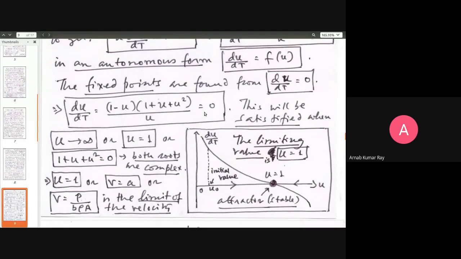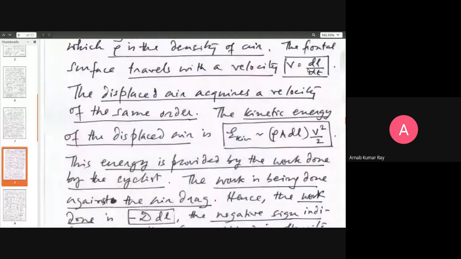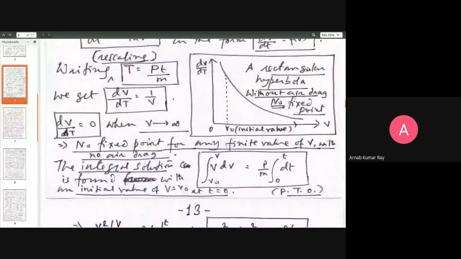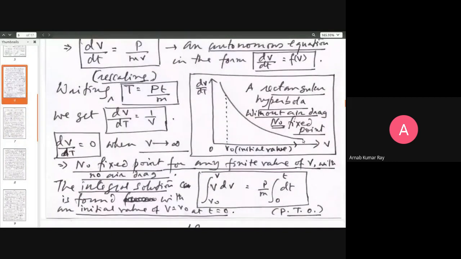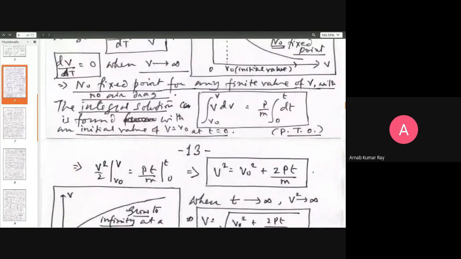A fixed point can only be found for a finite value of u or x. If I say find the fixed point of x dot equal to f(x), you can't find a fixed point if f(x) doesn't have a 0 for a finite value of x. Like in this case, there is no 0 of dv/dt for any finite value of v. So no fixed point for any finite value of v with no air drag.